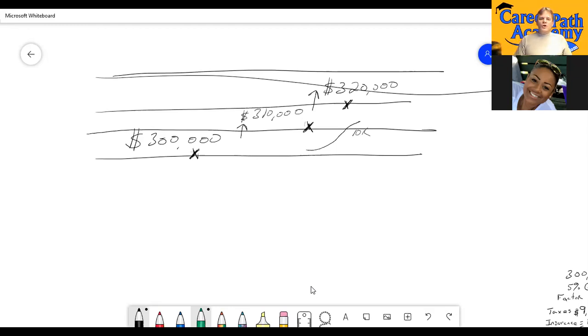Or you could pay down the debt, what's owed. So let's just say you hit the pick five or something, and you pay down $10,000 on what you owe on the property. So now you only owe $290,000 on the property, right?